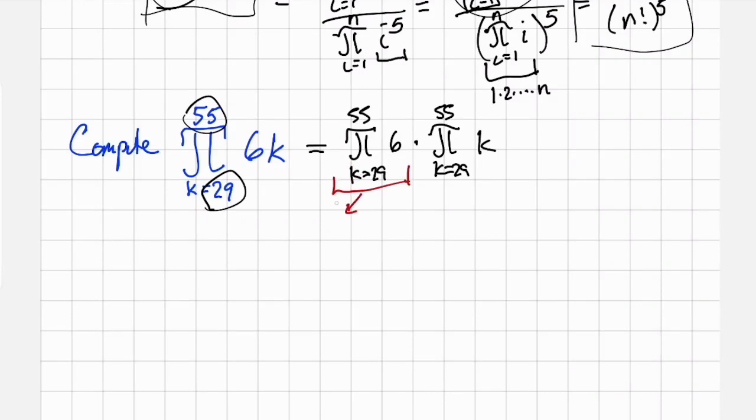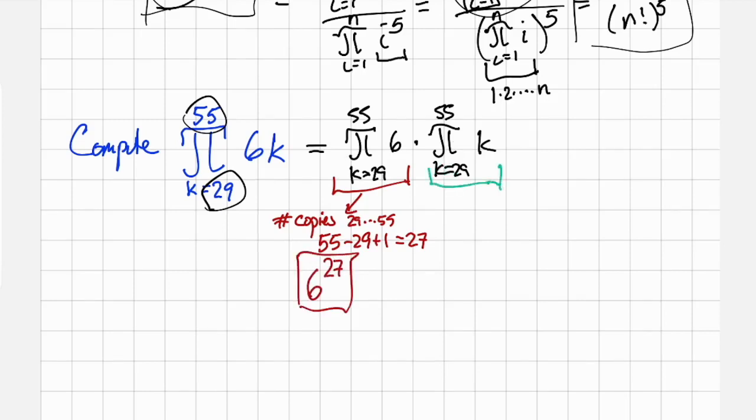So this first factor is a product of a constant for some number of factors. And so the number of copies of 6 that we have is the numbers from 29 up to 55, which we can calculate as 55 minus 29 plus 1, which is 27. And so this product is 6 to the 27th power.